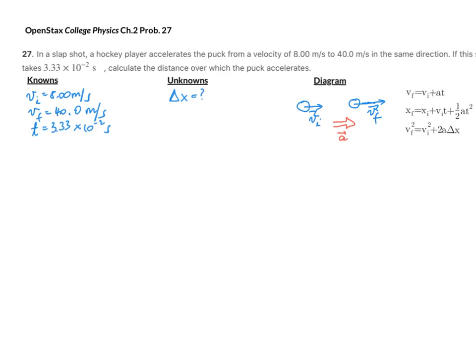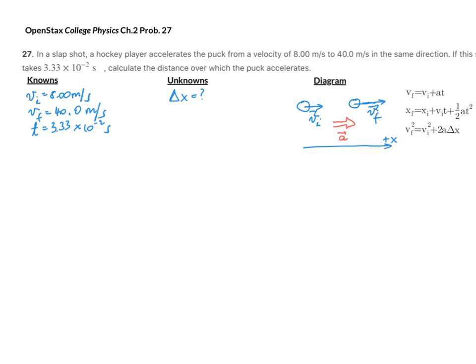All right, so I drew my diagram, and since I picked V initial and V final to be in this direction, I'm going to call this my positive x. I see that all of these quantities are positive because they all point in the same direction as the positive x direction.